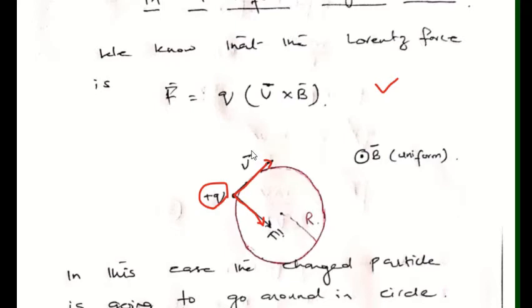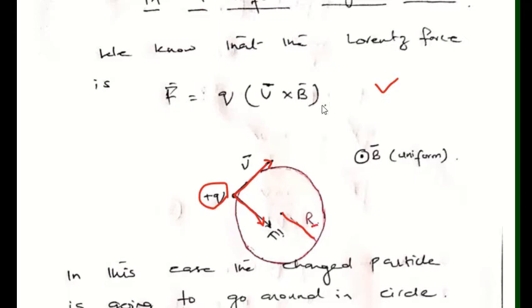If the speed is constant but the direction is continuously changing, we say that this charged particle has a certain velocity and is moving with some acceleration, because the velocity is changing its direction continuously. So now the particle is forced to move in a circular path, and the radius of this path is given by capital R.